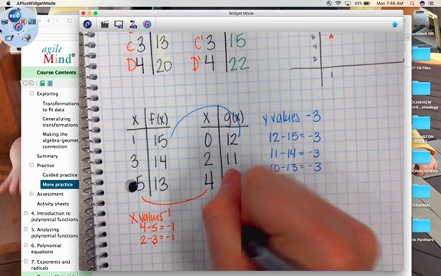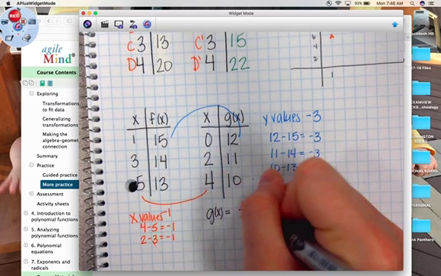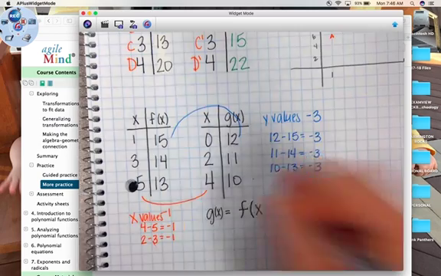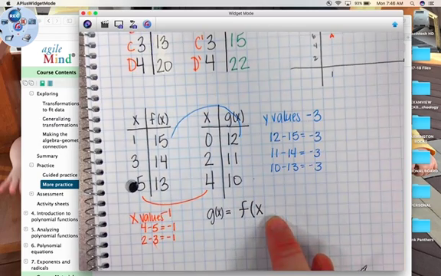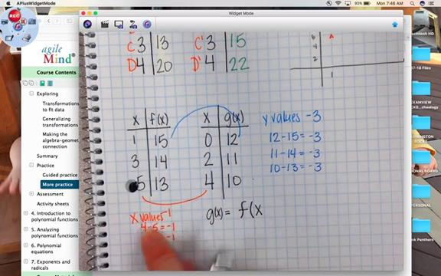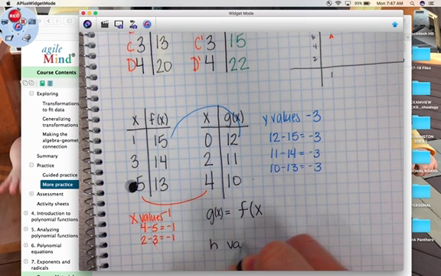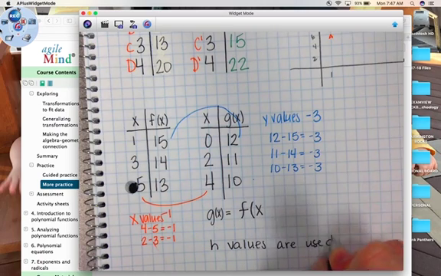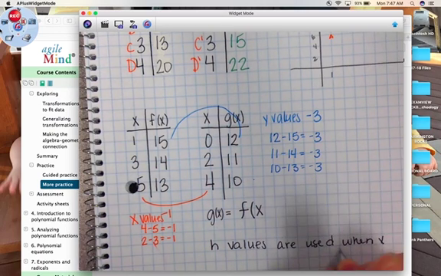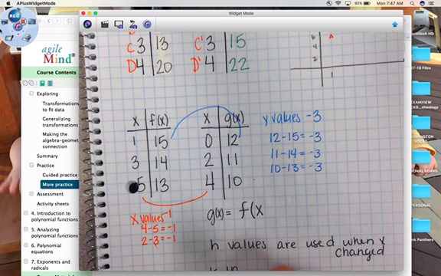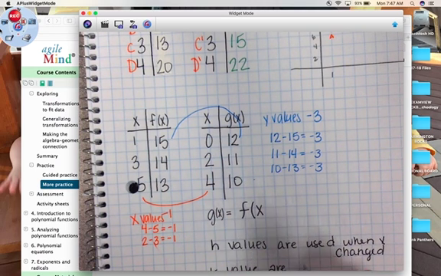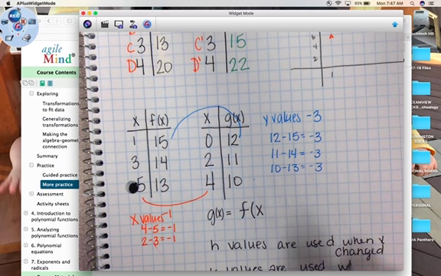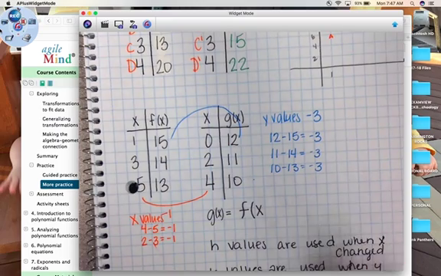So for your equation, you would write it as g of x is equal to f of x. Now, inside of the parentheses is the h values. So remember the h values are used when x changed, and k values are used when y changed.